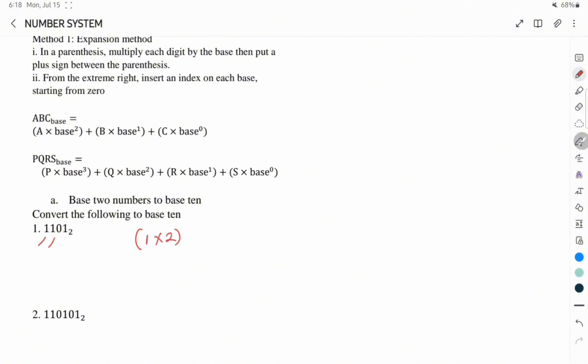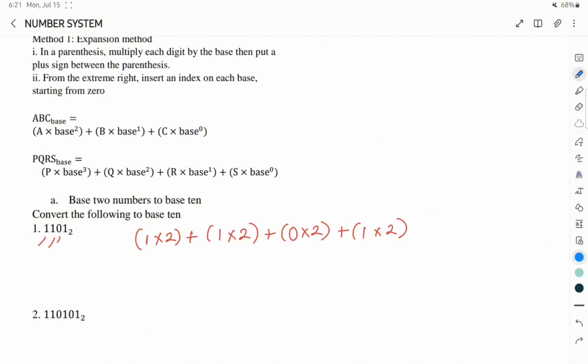The next digit, 1, multiplied by the base 2. The next digit is 0, 0 multiplied by 2, and the last digit is 1, 1 multiplied by 2. Now, we are asked to insert a plus sign between the brackets. So plus, plus, and plus.